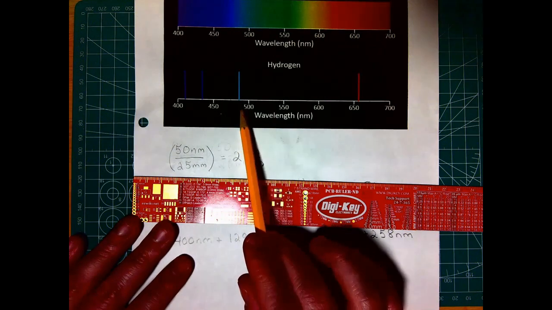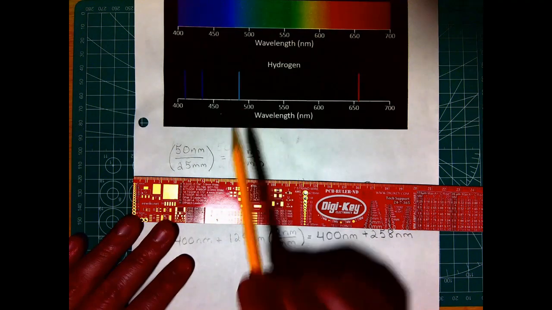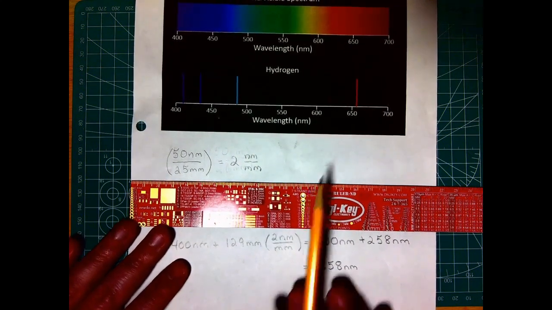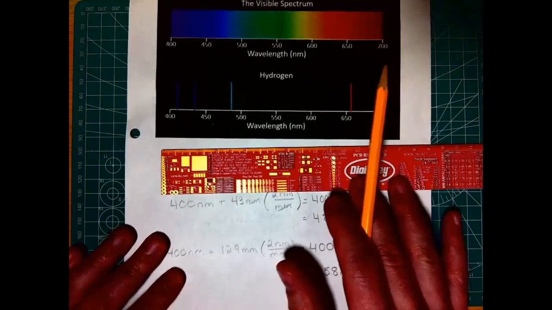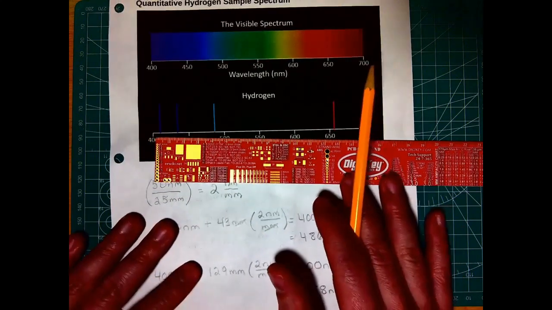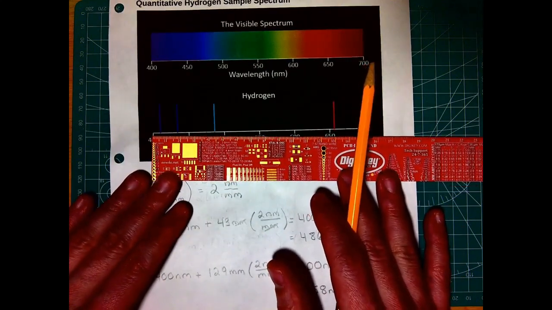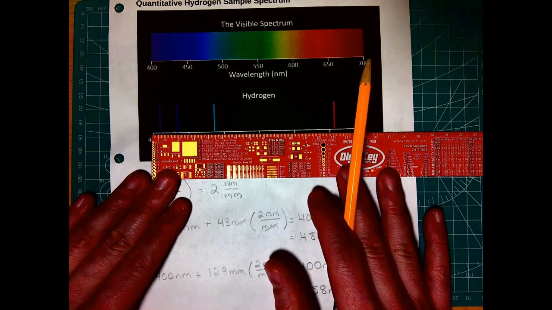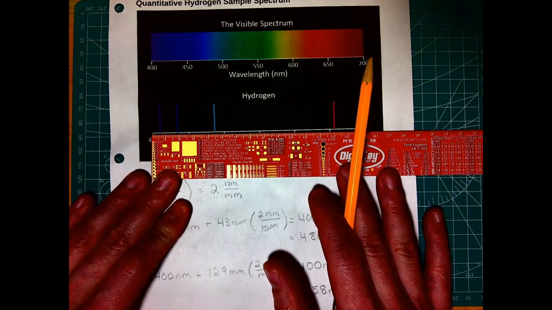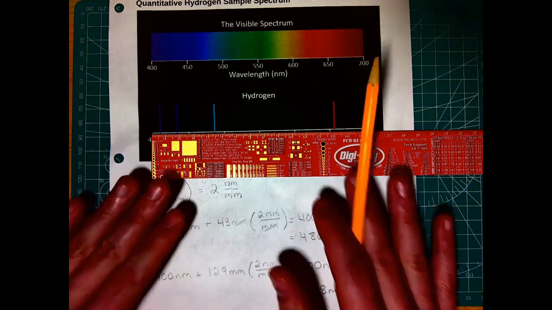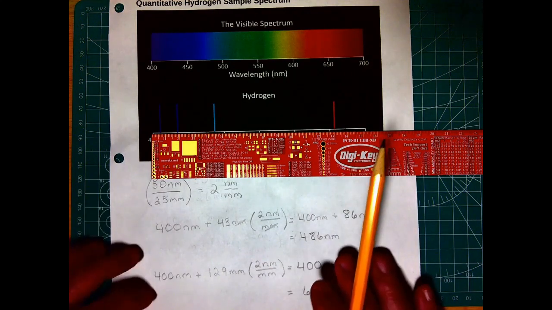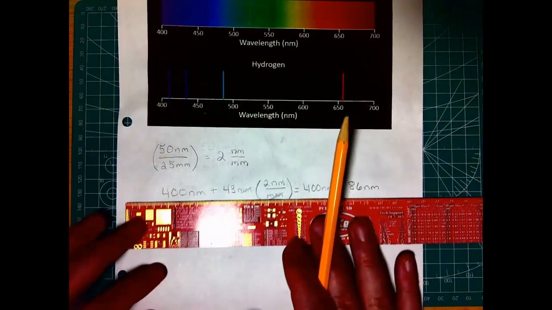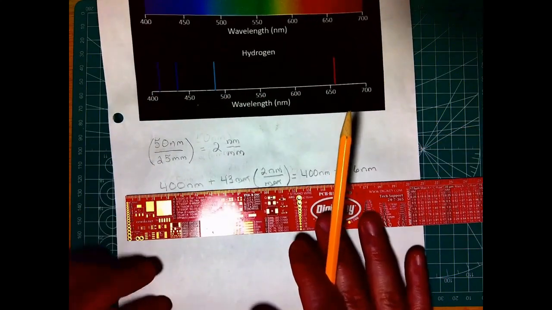If we want to know the wavelength of this middle blue line right here, we can figure out what that distance is by putting our ruler down here. And I'm going to say that that is right about 43 millimeters.